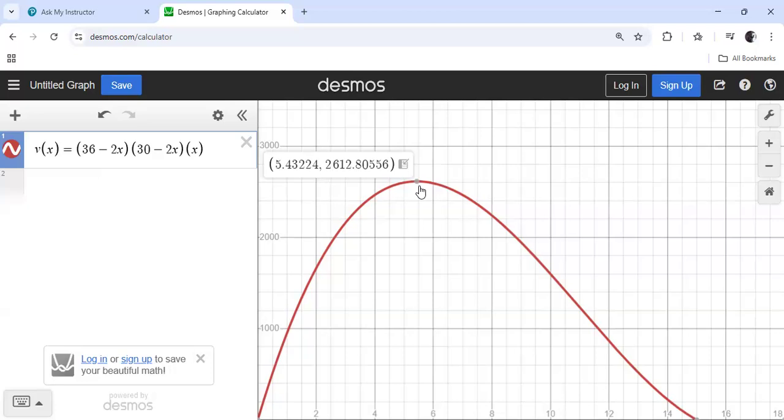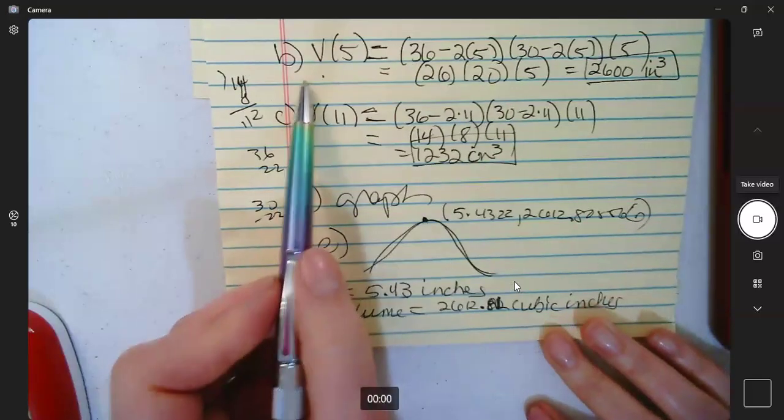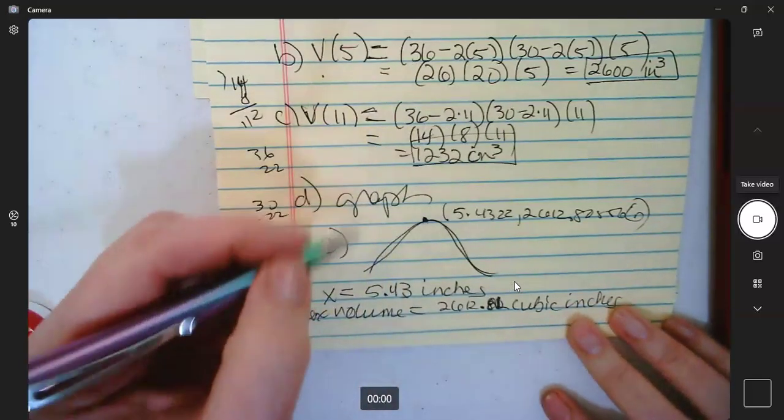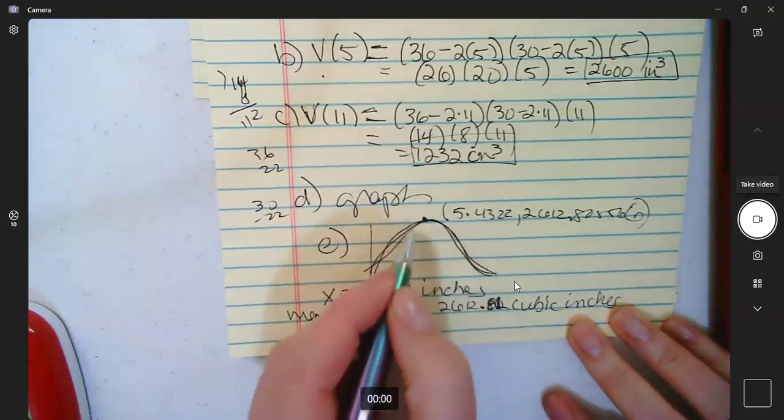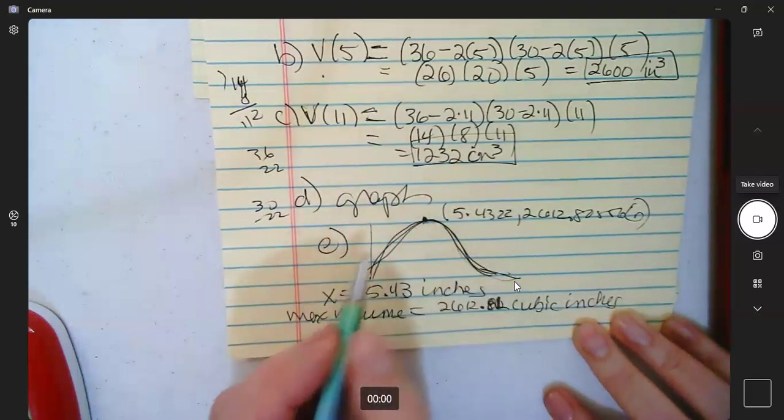Okay, that would be the maximum volume, which was very close to what we had when we just plugged in 5. So let me kind of summarize what we just said there. Okay, so it asked us to choose a graph, and we chose the graph that started up kind of slowly and then it decreased a little quicker on the other side.